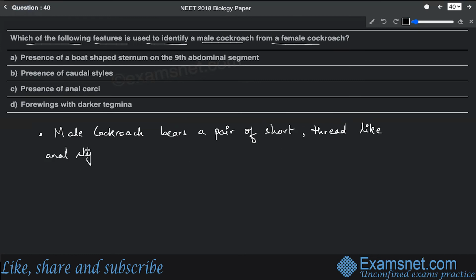So they usually have a pair of anal styles, and these anal styles are actually responsible for the process of copulation. All right. So anal styles are absent in female cockroaches.